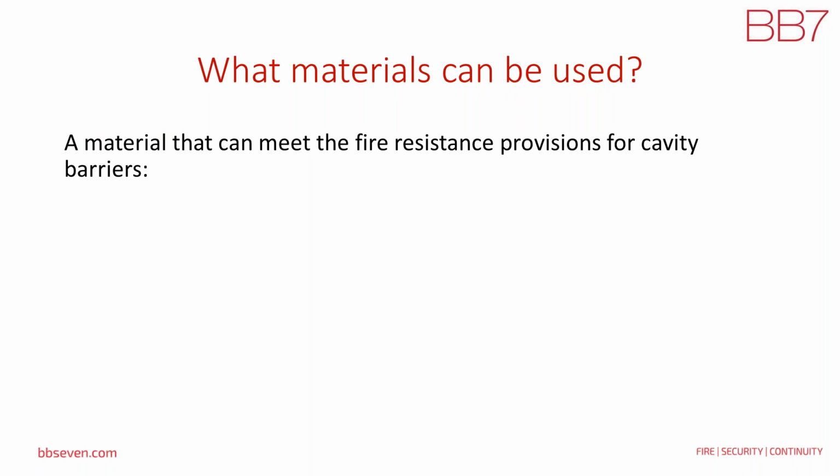What materials can be used? Well, there are a number of materials, and some are proprietary and some are bespoke. Approved Document B lists a number of materials such as steel. So steel is non-combustible, and if you use at least 0.5 millimeter thick plate, it will provide you with at least 30 minutes integrity.